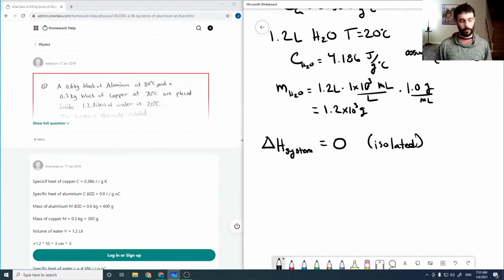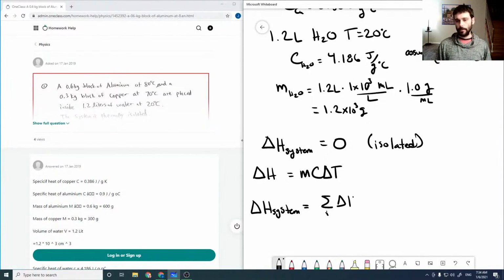So each of our delta H's is just going to be MC delta T, and we just need to sum over each of the component delta H's to get our delta H for our system.